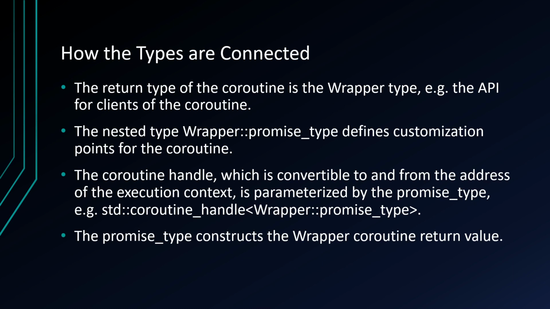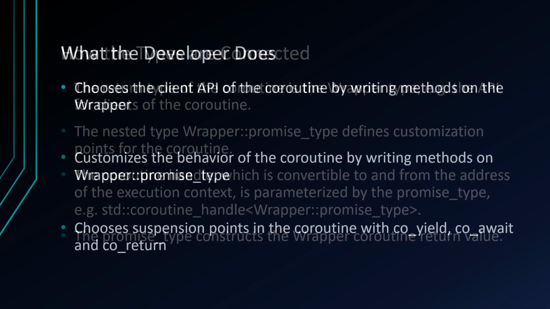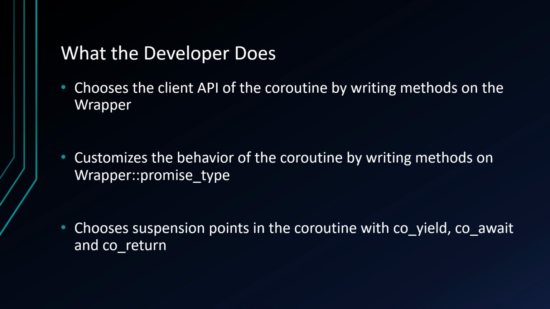It's kind of weird that you write your coroutine function body and it has a return type wrapper, but nowhere in there is a thing that says return wrapper, initializing expression. And that's because the coroutine is declared as having a return type of wrapper, but if it has a return value, that value must be returned via co_return, and that's a different type, a different expression. So this is a little bit confusing to talk about. I think it'll become clearer when we look at code.